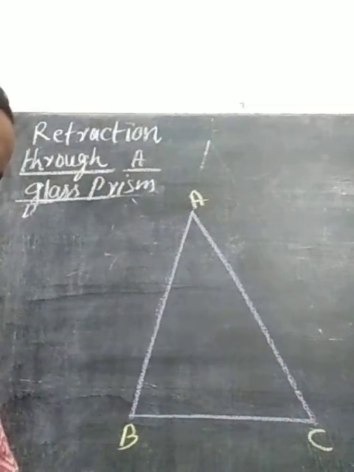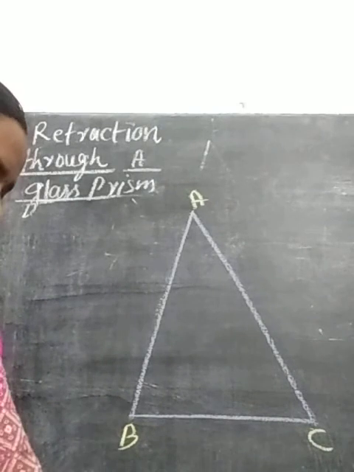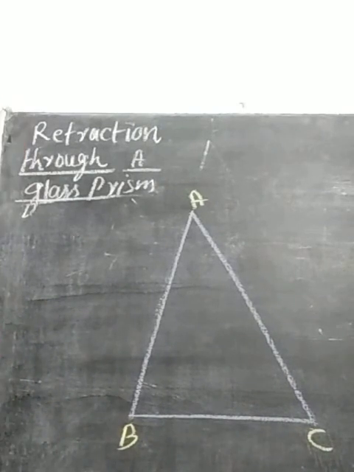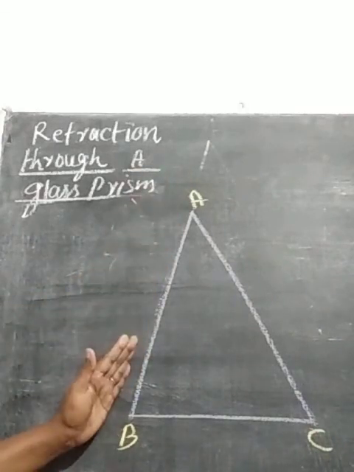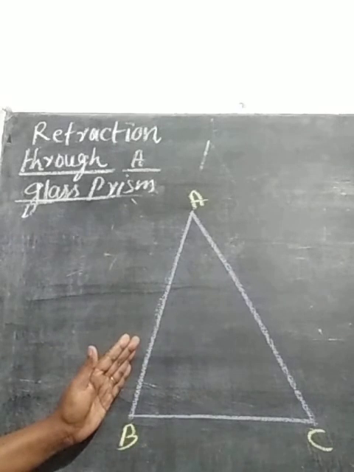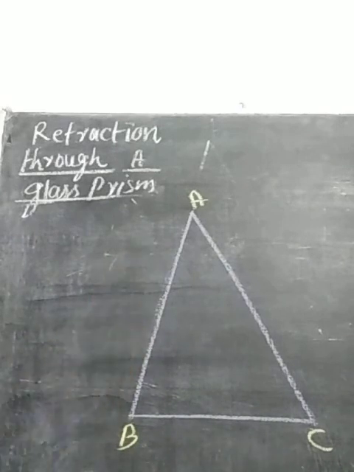Consider this triangular prism, and the light ray falls on the first face, face AB, of the glass prism. What will happen to the light ray when it falls on one side of the prism, AB?